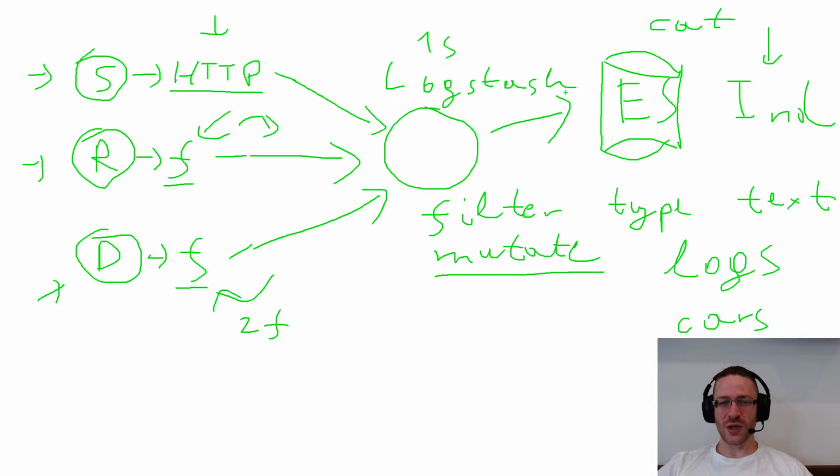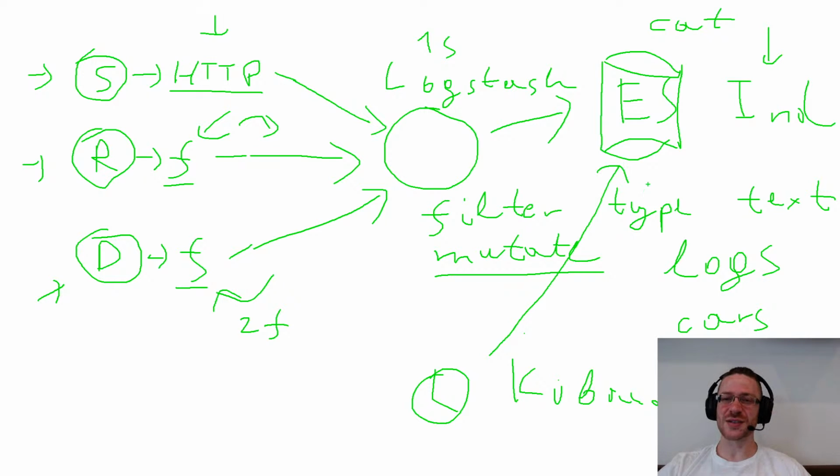Finally, when we configure the Logstash tool to fetch different data, we can add the so-called Kibana tool. Kibana gives us visualization from the Elasticsearch data store.